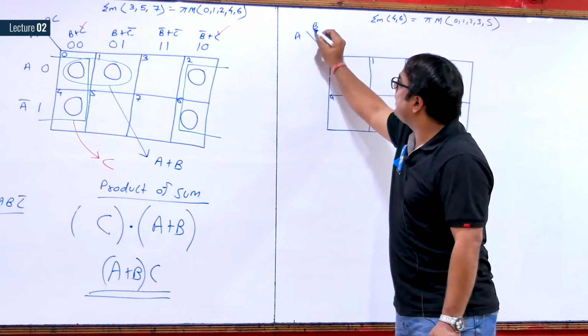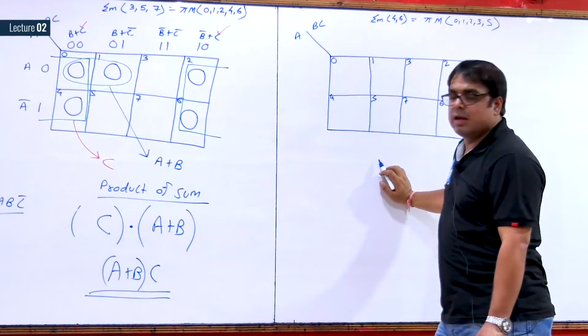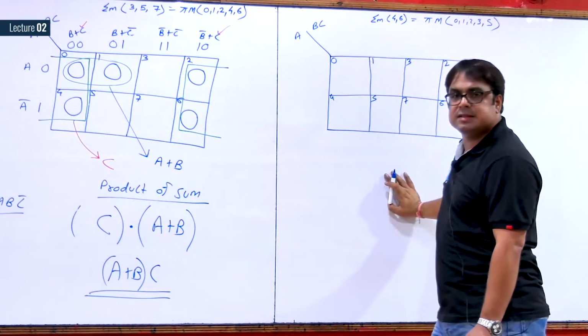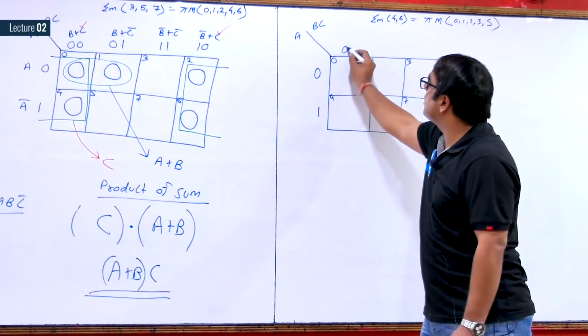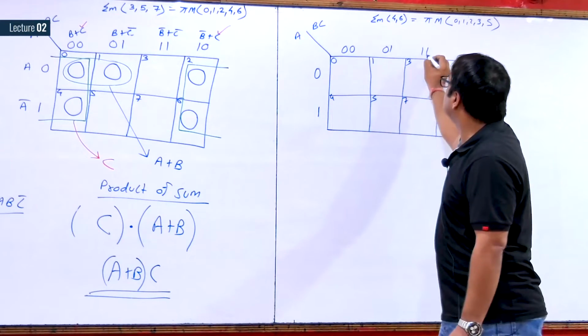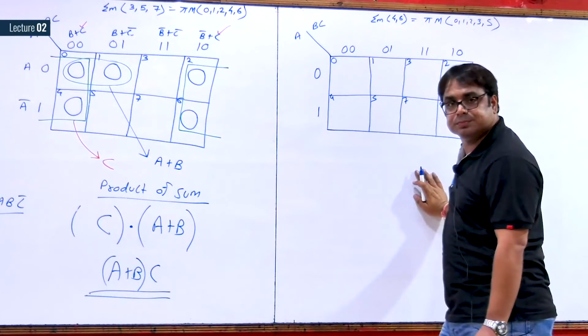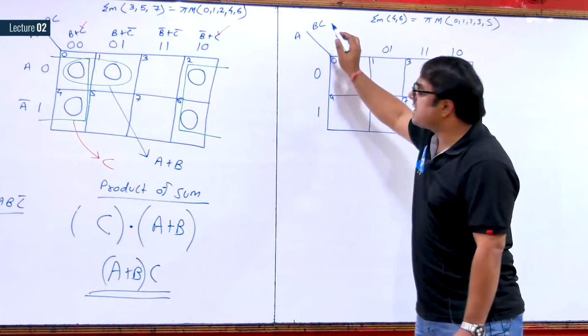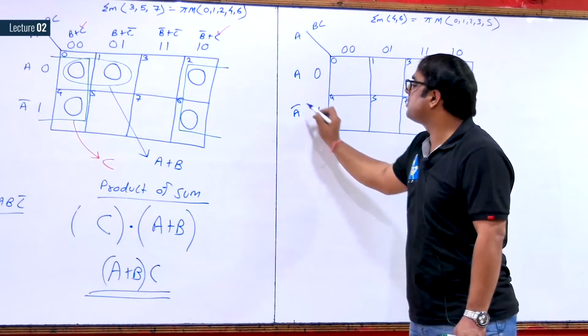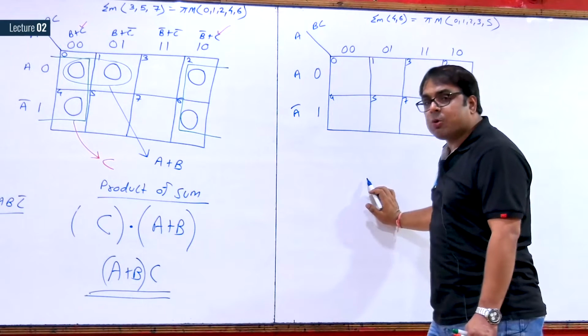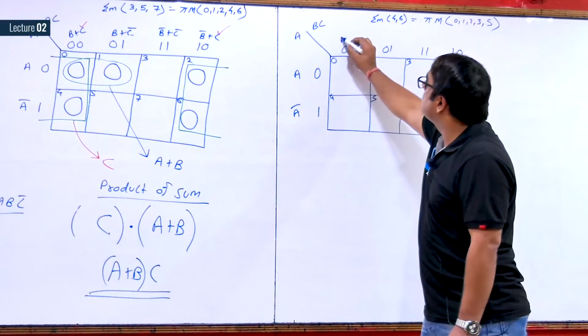This side is A and this side is B, C. A is equal to 0, A is equal to 1, BC is equal to 00, 01, 11 and 10. This is POS. In POS, 0 corresponds to normal, 1 corresponds to complement. POS, each term is a sum term.